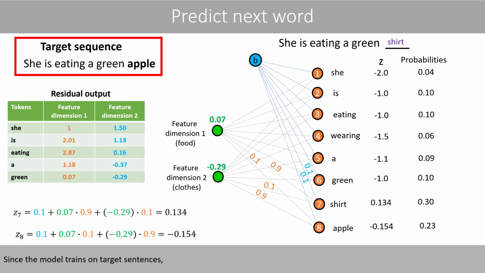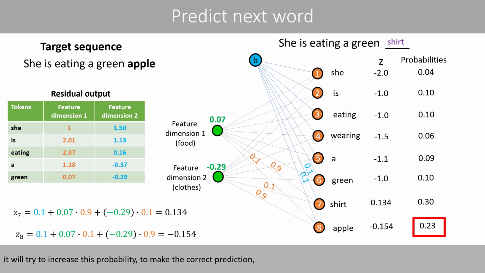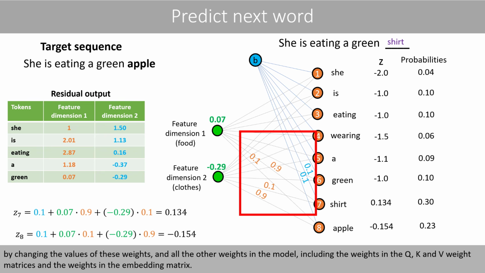Since the model trains on target sequences, it will try to increase this probability to make the correct prediction by changing the values of these weights and all the other weights in the model, including the weights in the Q, K, and V weight matrices and the weights in the embedding matrix.